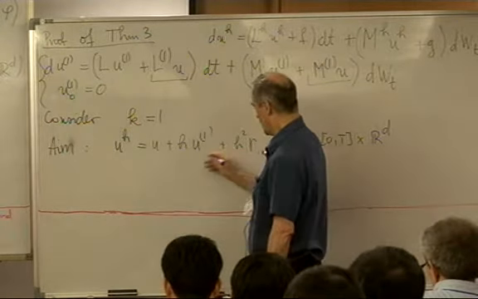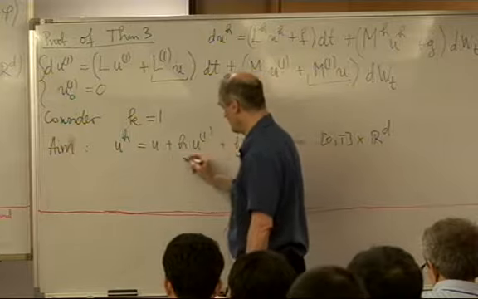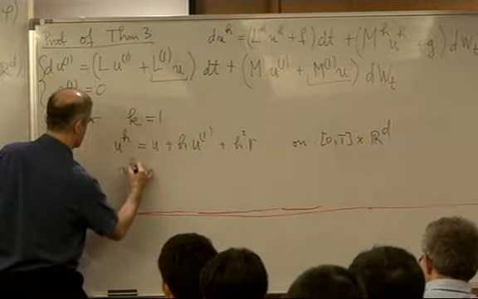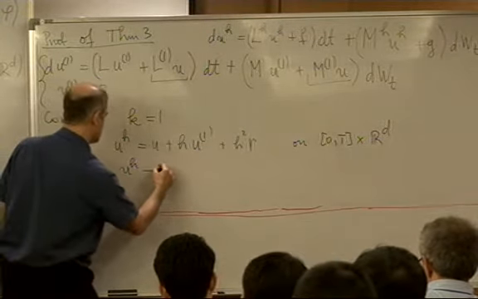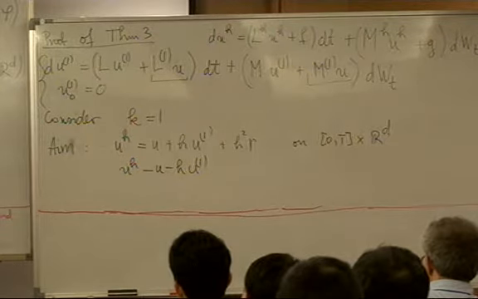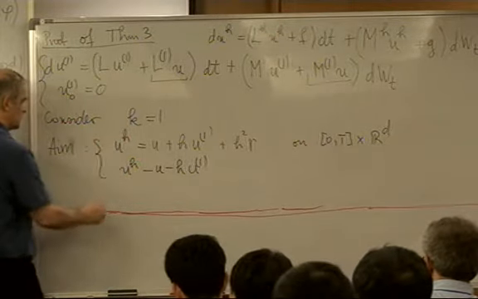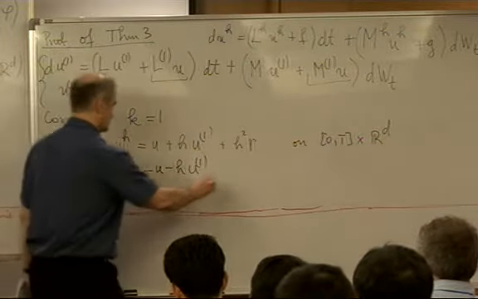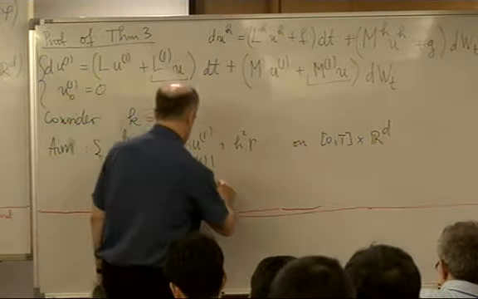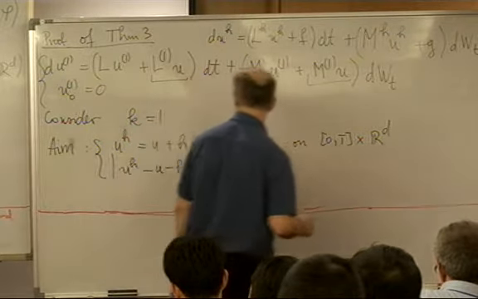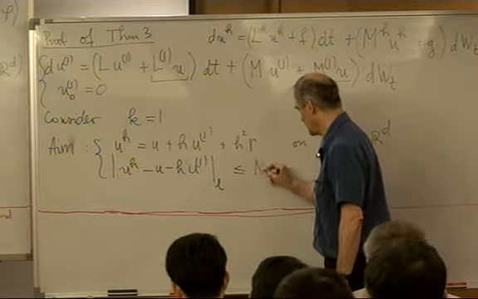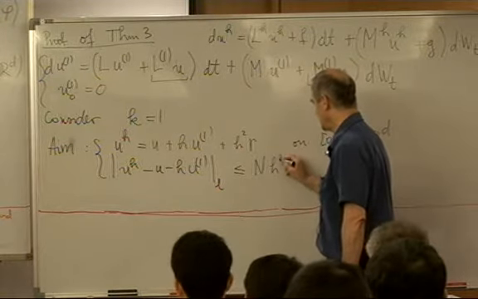Okay, so how to prove this? As I mentioned, what one does is take the U1 from here and then one considers UH minus U minus H U1, and the aim is to show that its L norm is less than or equal to a constant times h squared, right?